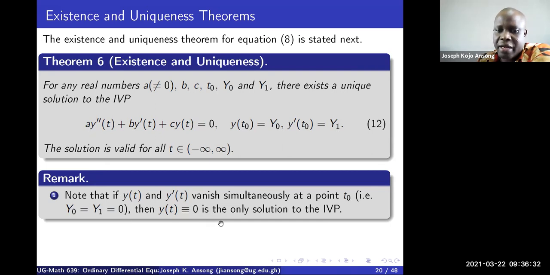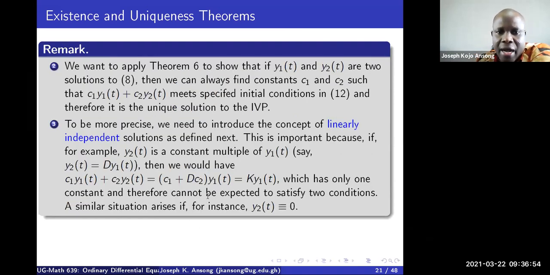So keep this in mind. It will become very important when we look at some of the other theorems and lemmas. If you have a homogeneous equation and the initial conditions are such that at a point this is 0 and this is also 0, then the only solution that satisfies this equation is the identically 0 solution. It is 0 everywhere.